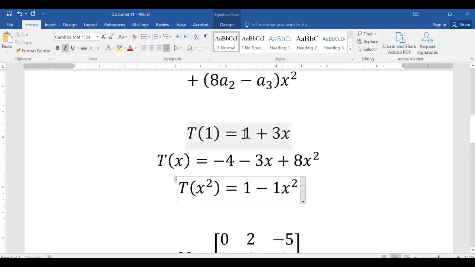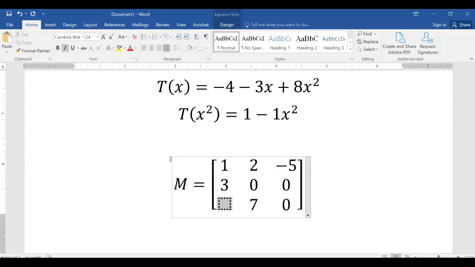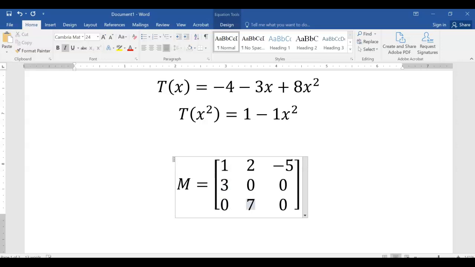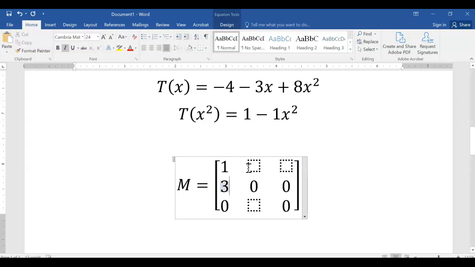So 1 goes to 1, 3, 0 in terms of coordinate matrix. That first column is going to be 1, 3, 0. I don't know what these are going to be yet, so I should probably erase them. All right, that's better.